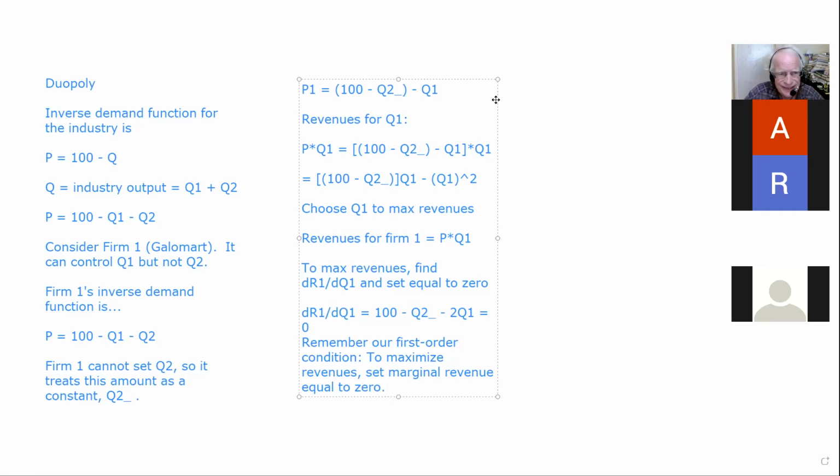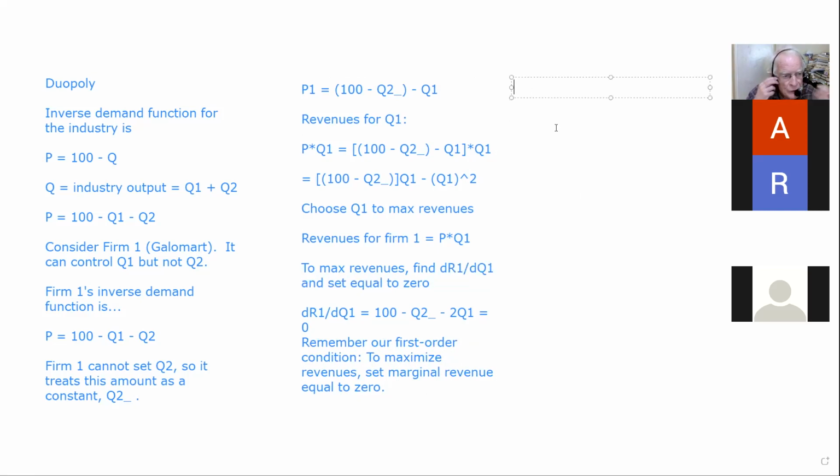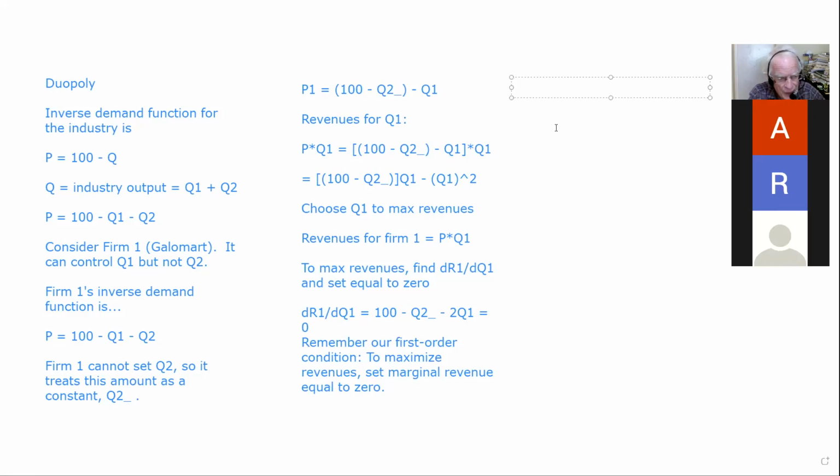Okay, so far. So let's see what we have. 100 minus the assumed amount produced by the rival, the green store, minus 2Q1, all equal to 0.